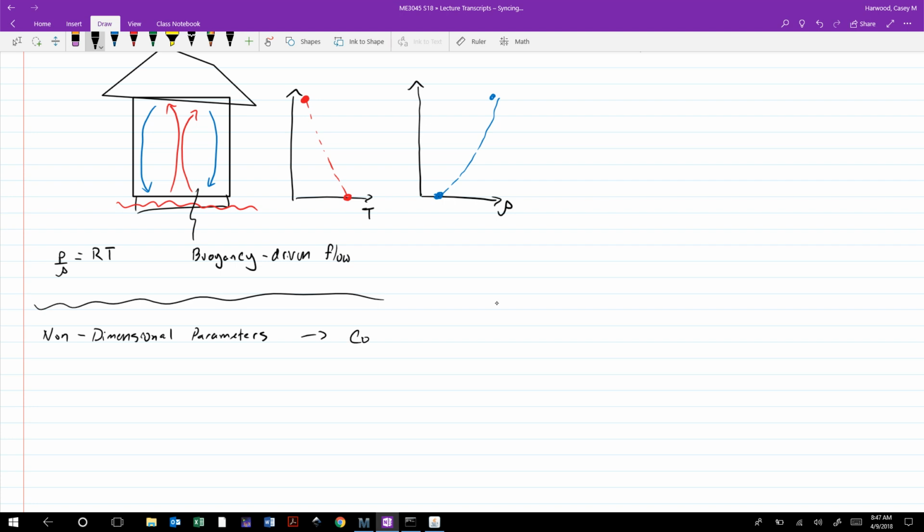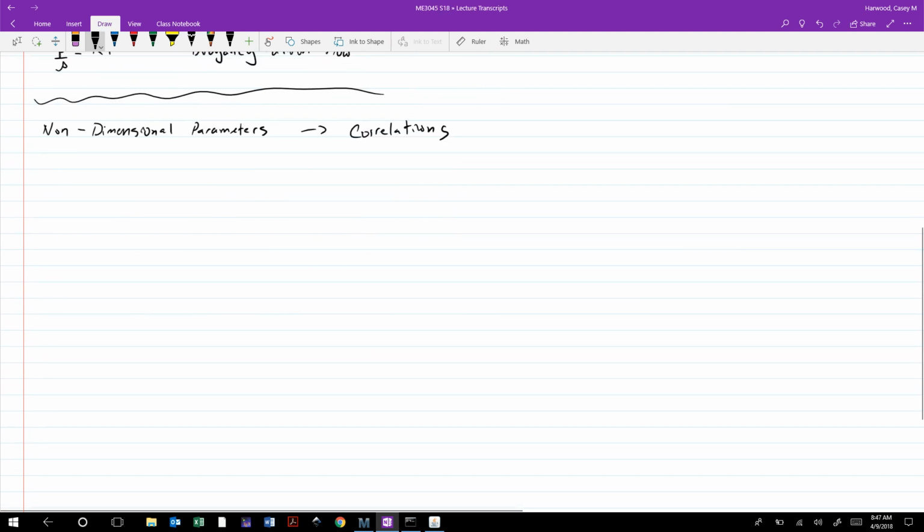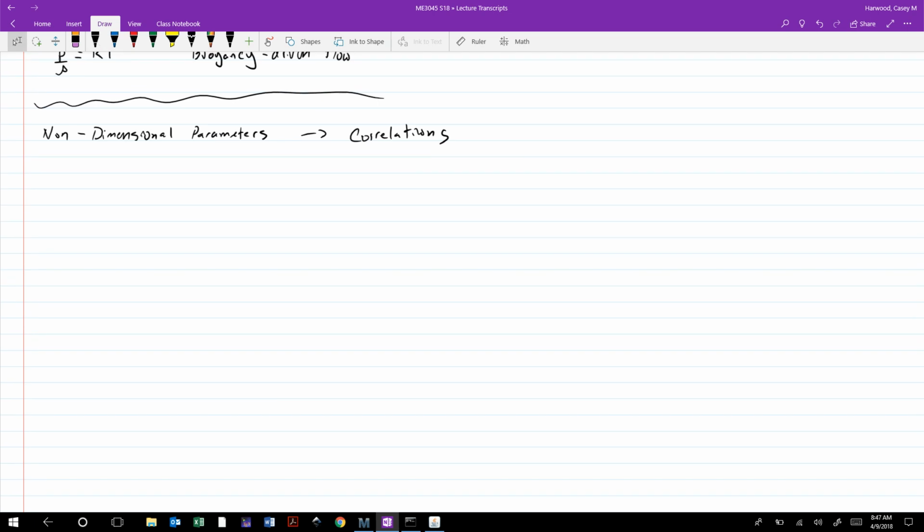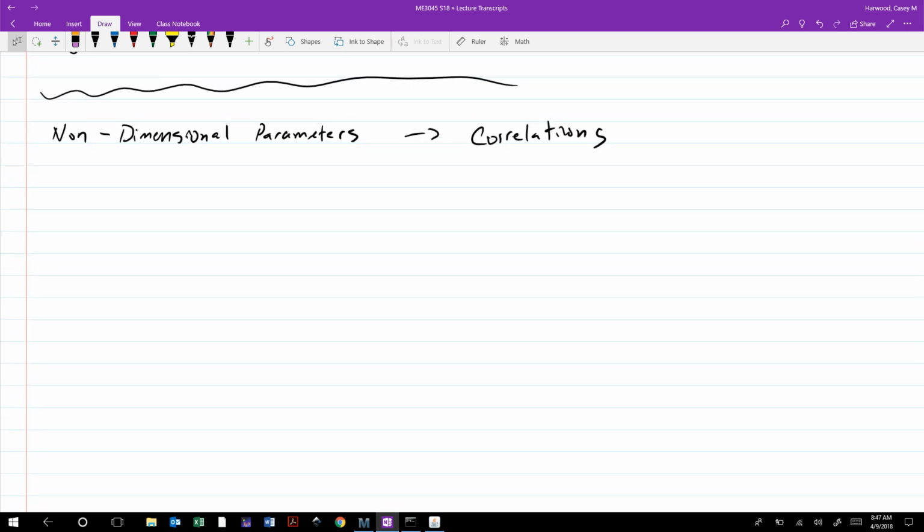which will lead to correlations. Okay. So, non-dimensional parameters are going to be important to us. We're going to take a little tour through these. The first one is a classic we know and love, the Reynolds number, which we're defining as U times L over nu. Okay.